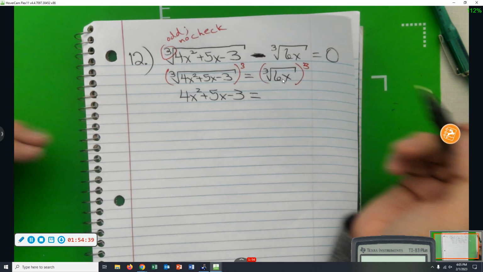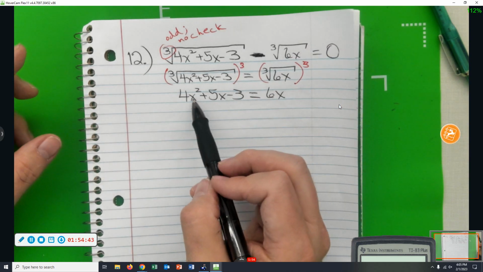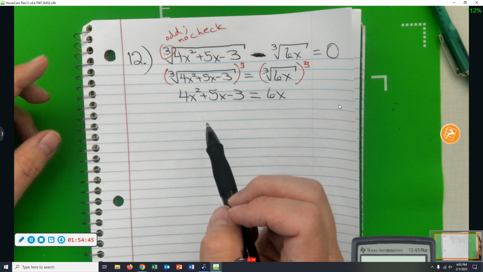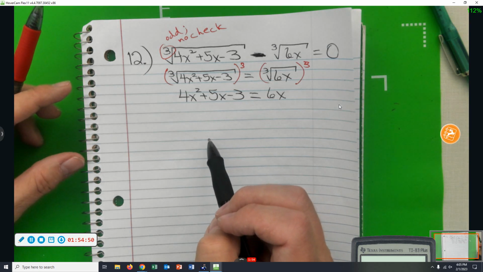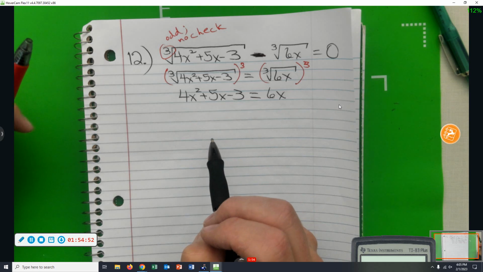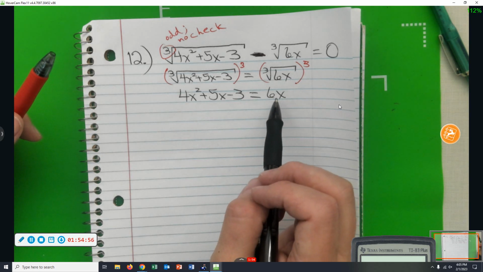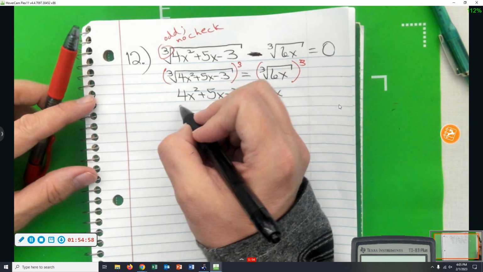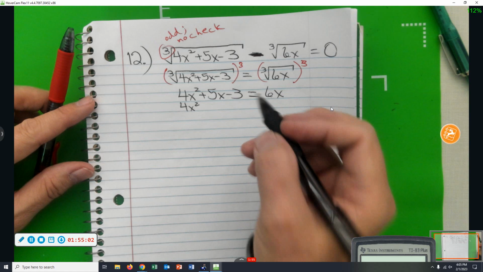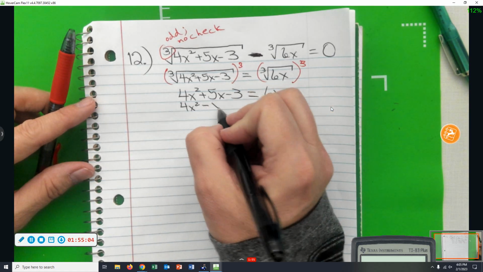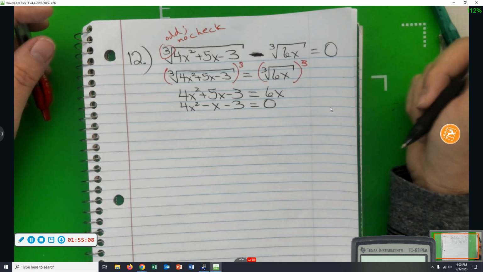On the right side, 6x. It's quadratic, so we need it set equal to 0. Subtract 6x. You're getting the 0 on the right-hand side, and I agree. So we'll have a 4x squared, 5x minus 6x gives me a minus 1x, minus 3 equals 0.